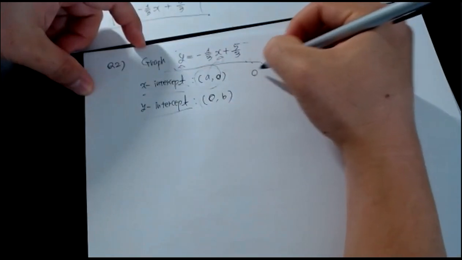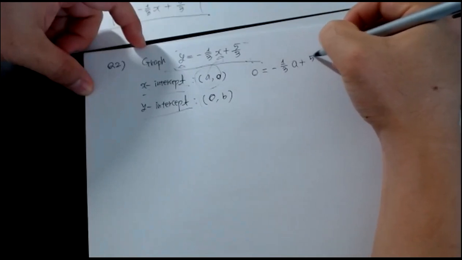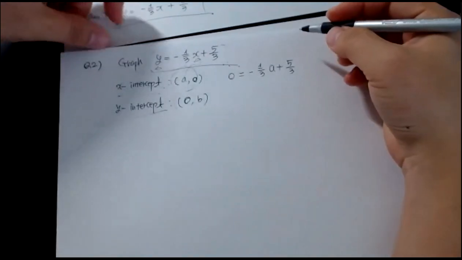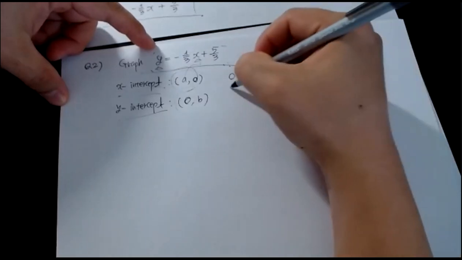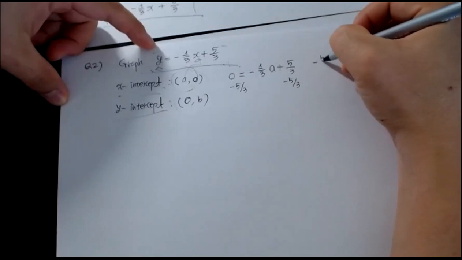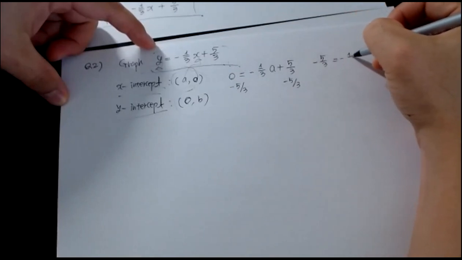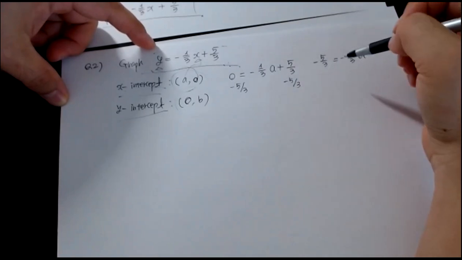So we got 0 is equal to negative 1/3 times a plus 5/3. Then I'll subtract 5/3. So we got negative 5/3 is equal to negative 1/3 a.